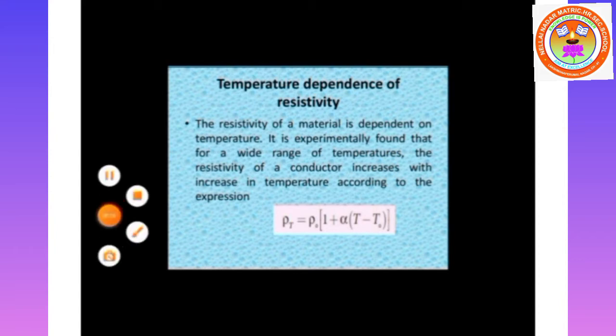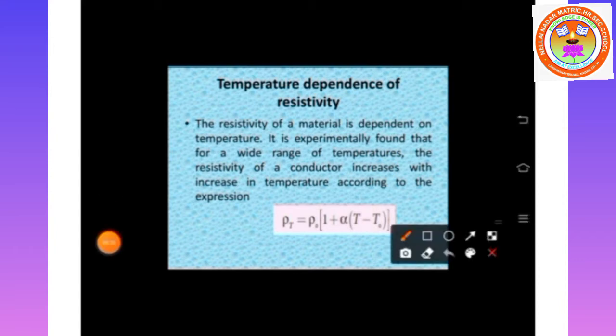In the next step we can write rho T is equal to, multiplying rho naught inside, rho naught plus rho naught alpha into T minus T naught. We need to calculate the value of alpha.